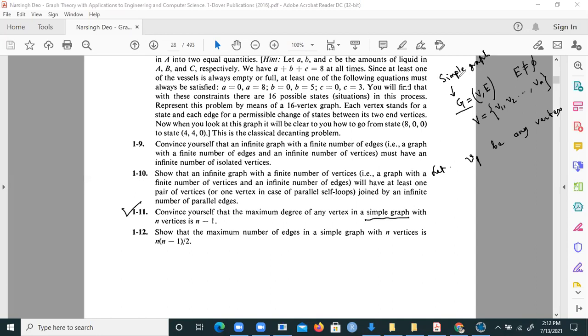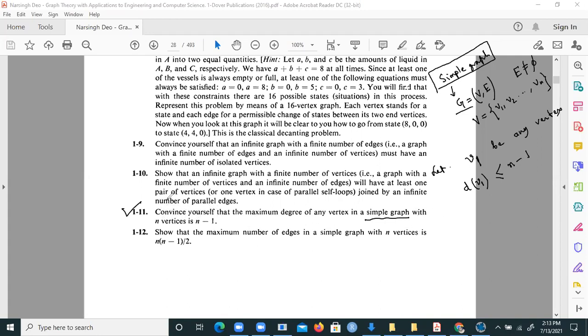So in this graph, there are no self loops and parallel edges. So if I consider any vertex V1, they are saying that the degree of V1 should always be less than or equal to n minus 1. That means the maximum degree of any vertex in a simple graph with n vertices is n minus 1. So we are going to prove this particular result.